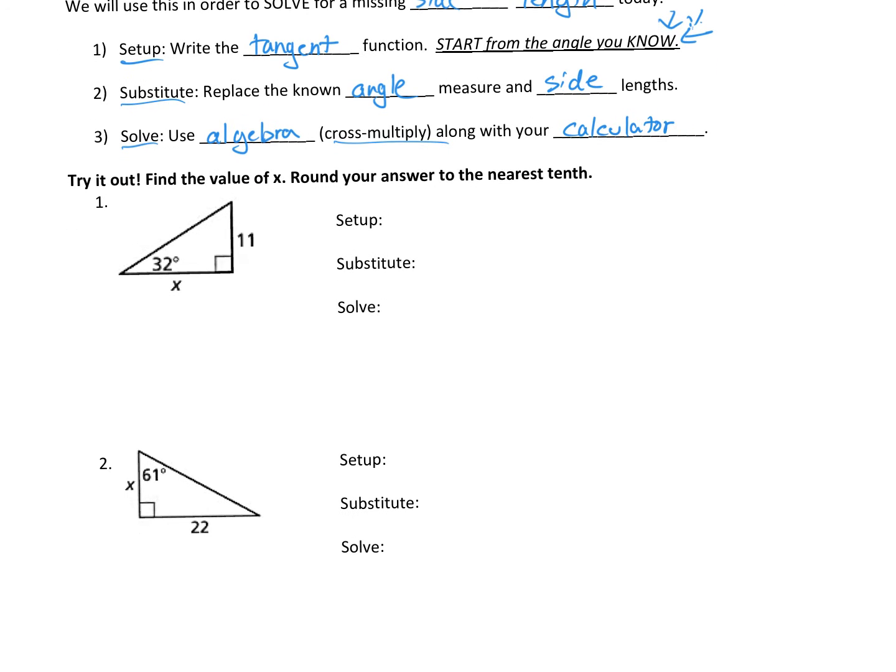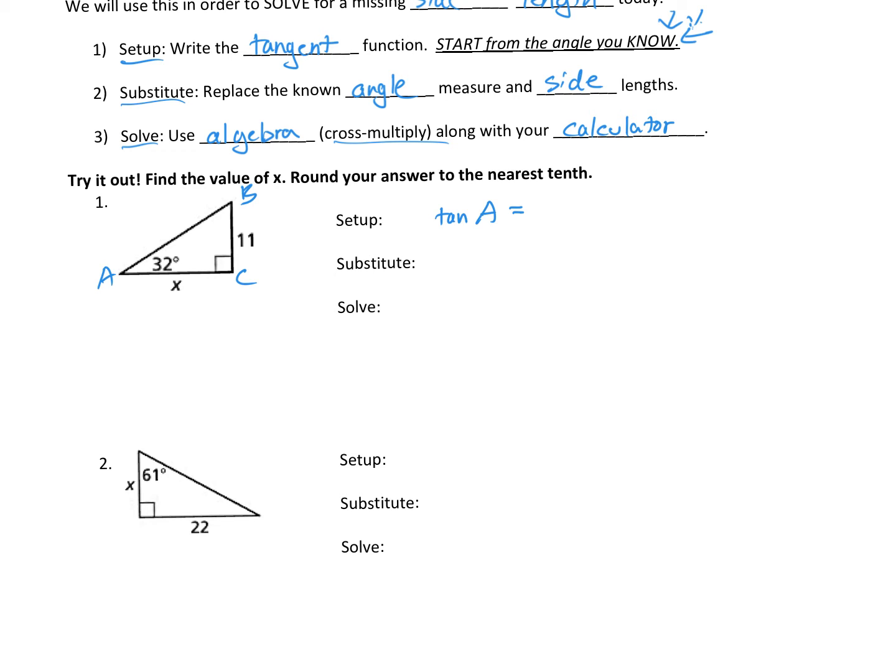So it's easy to say what it is, but it's better to just show you how to do it. So first, we want to set up. What angle do we know? Let's do this as ABC. The angle we know is angle A. So our tangent of A must equal our opposite.